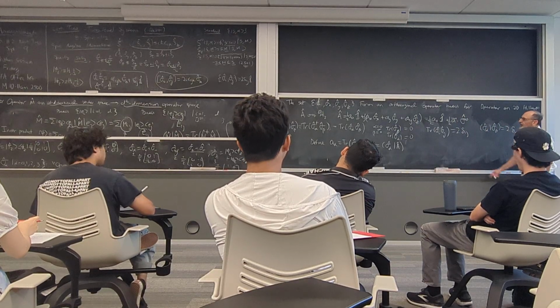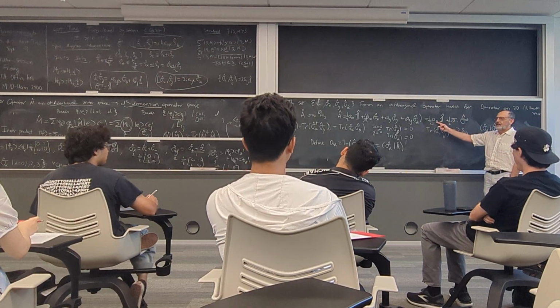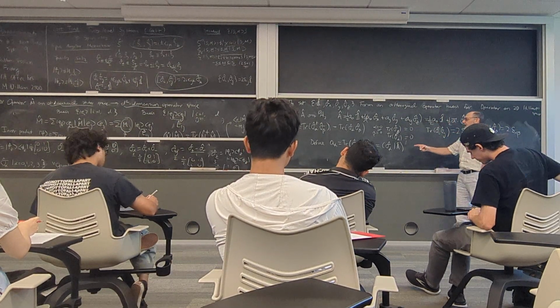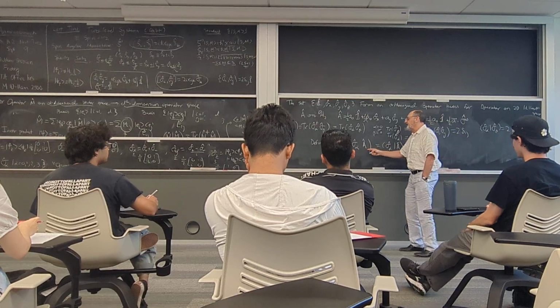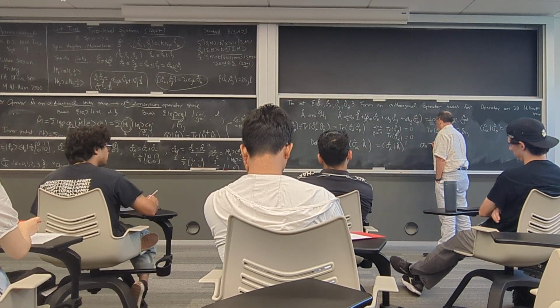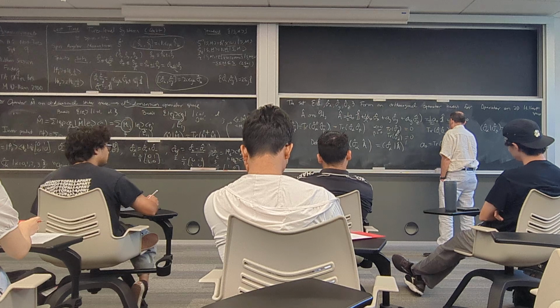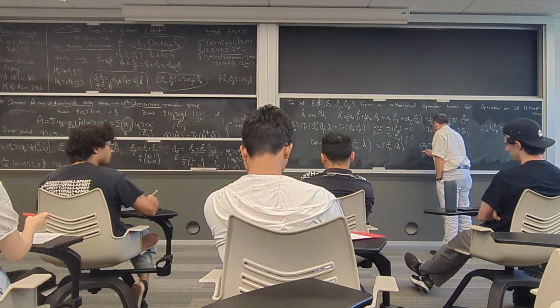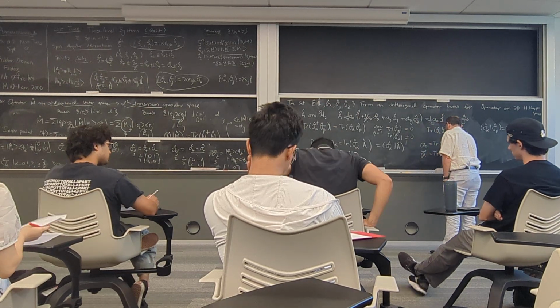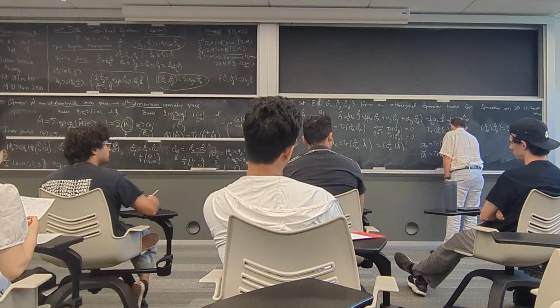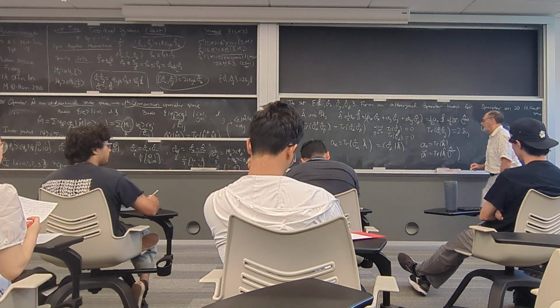Okay? So the expansion coefficient A0 is the trace of the operator, and the vector A is the trace of the operator with the vector of Paulis.